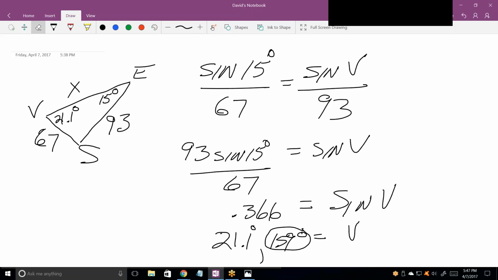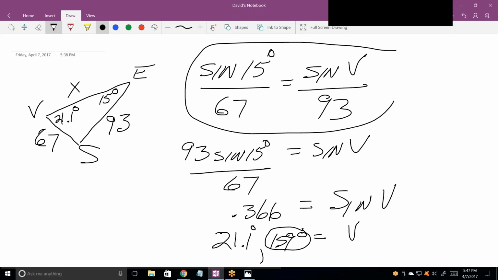That was it. We didn't know S and we didn't know X. So we had to use this in our law of sines. When you do a law of sines, you only want one variable, and that's angle V.